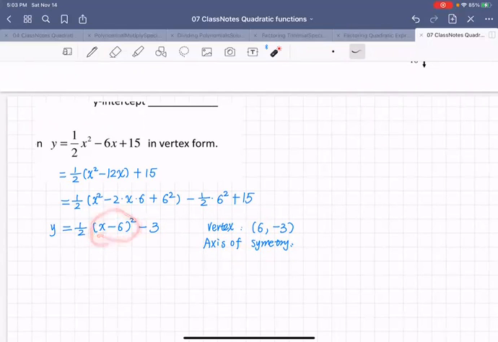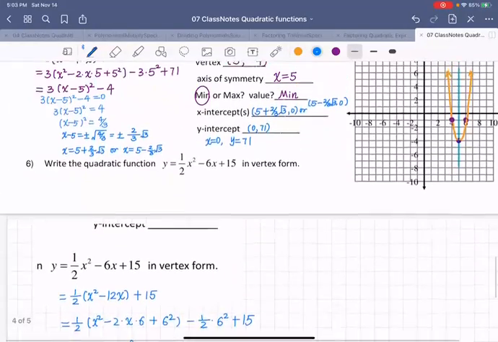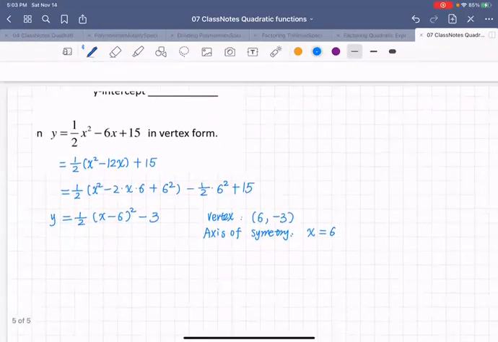Make your square term equal to 0. So what is that? X equals 6, right? Make sense? Okay. Who else? Minimum or maximum? It's minimum. The value is y equals negative 3.